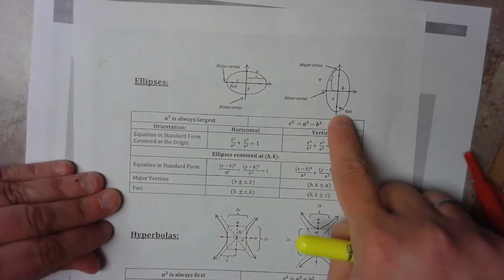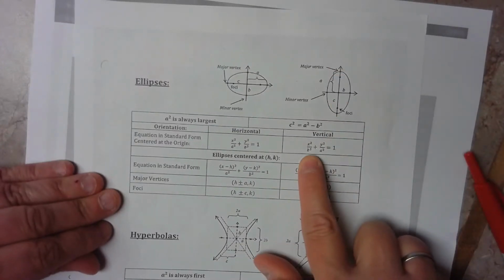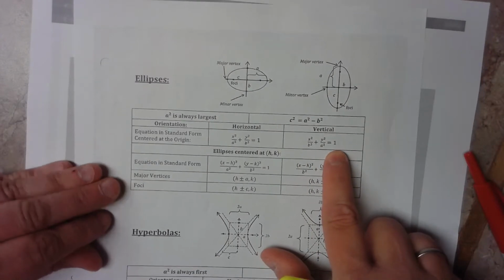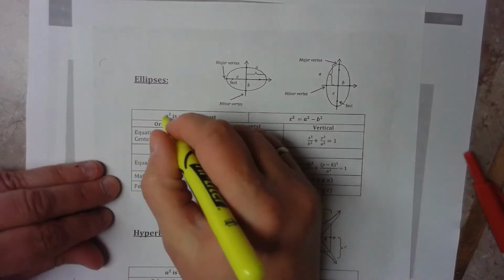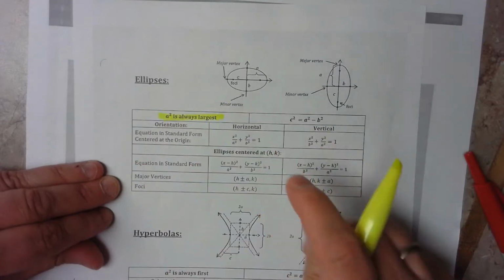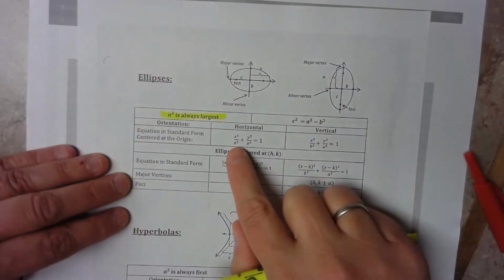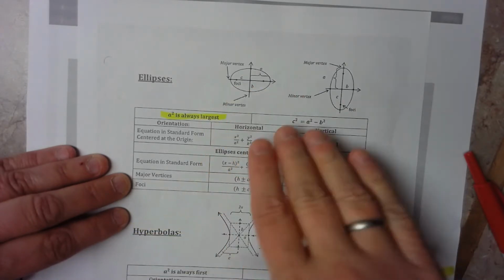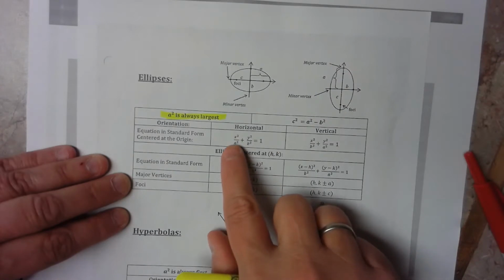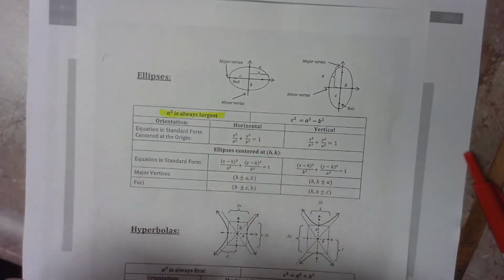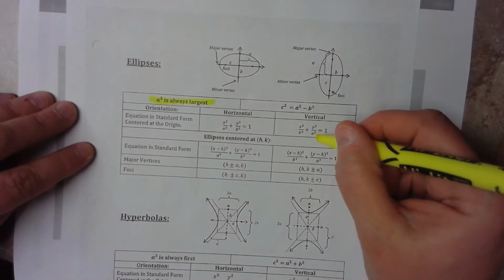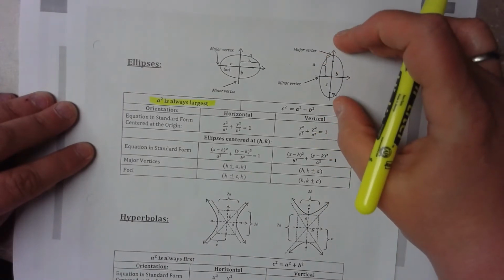If it's elongated vertically, it's x squared over b squared plus y squared over a squared equals 1. Now how do we know which one's which? Right up here, a squared is always the largest. So if a squared is underneath x squared, we know that it's elongated horizontally, whether it's on the x-axis or parallel to the x-axis. And if a squared is under the y squared, that means it's elongated vertically.